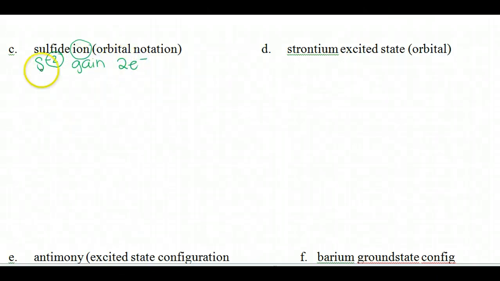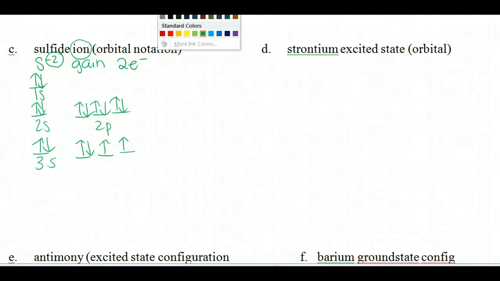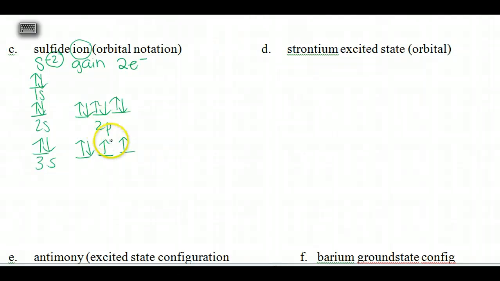Okay, so we get going, and we've got 1s, which is full. 2s, which is full. 2p, also full. 3s. And then sulfur normally, okay, is going to have those 4 electrons. But because it's an ion, it's going to gain 2 more, okay, because of that ion. And that 3p is going to be full.